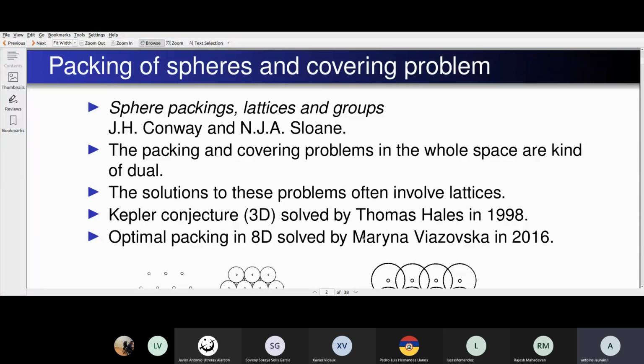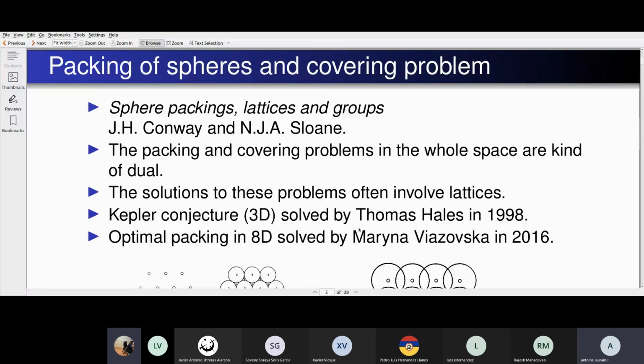And if you look at the covering problem on the right, the goal of covering is that you want to cover the whole space, but with the thinnest covering, which means you want as few intersections between the balls or the disks as possible.